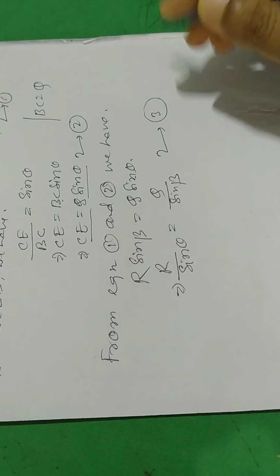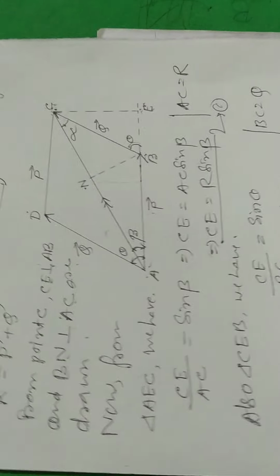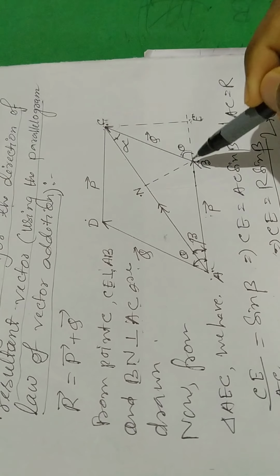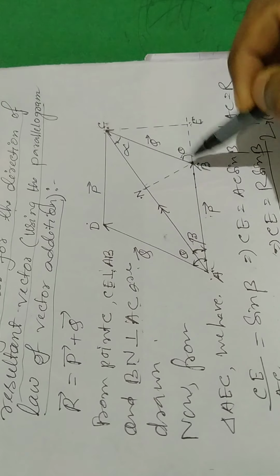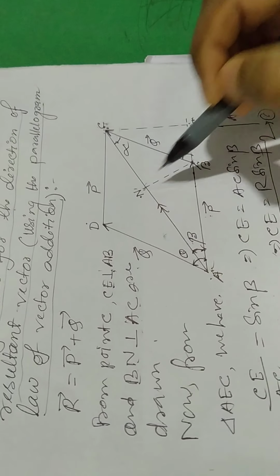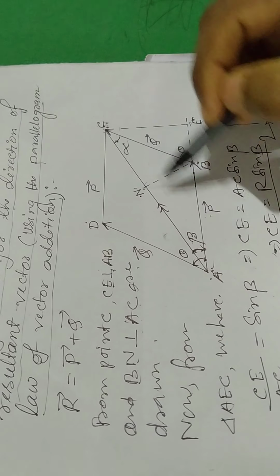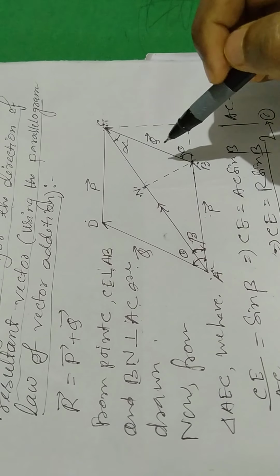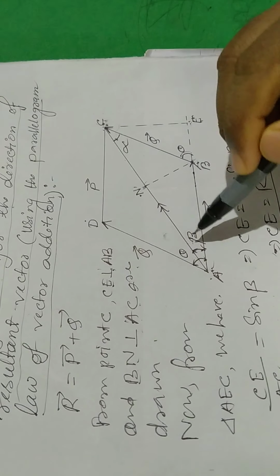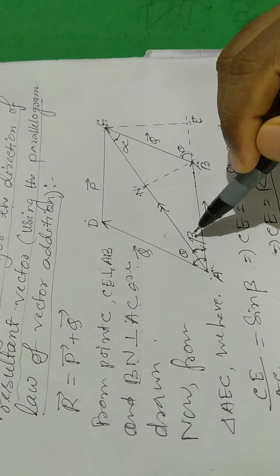Equation number 3. Similarly, now we'll take triangles ABN and CBN. Both triangles have BN common. So again we will take the ratio of sides, now with respect to beta and alpha.